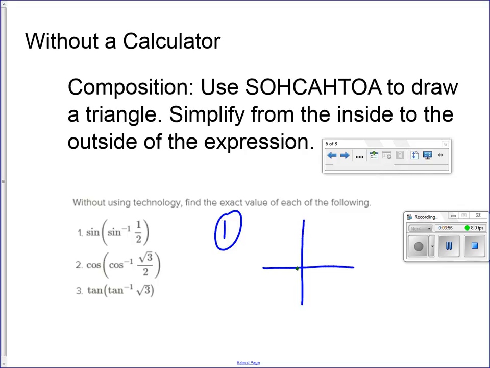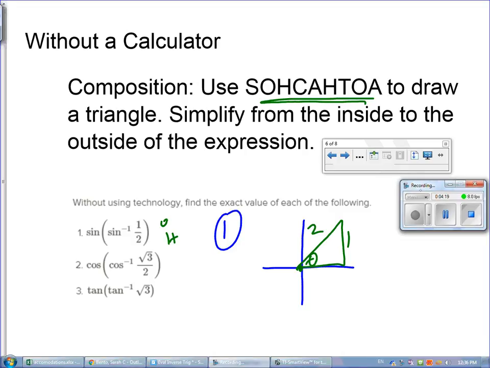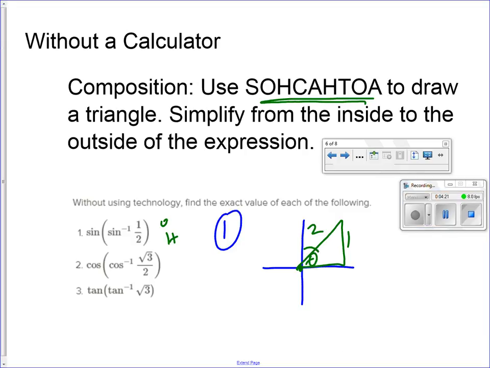Rather, a triangle. The sine is positive, so it could be in this quadrant. There's my angle, always the angle by the origin. I know that sine is opposite over hypotenuse because I'm thinking of SOHCAHTOA. So the opposite leg could be 1, the hypotenuse could be 2. If I want the inverse sine of 1/2, I want this angle.